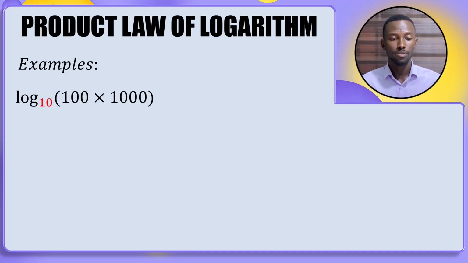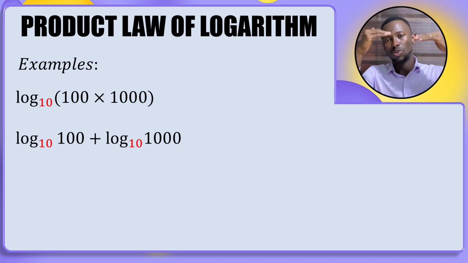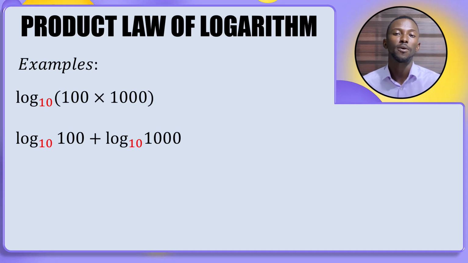If you remember the product law of logarithm, we said if you are taking a log of products, what should you do? You take the logarithm of each of the numbers and add them together because you are multiplying. So now we take the log of each of them, that is log base 10 of 100 plus log base 10 of 1000. So what is at the top is the same as what is at the bottom.